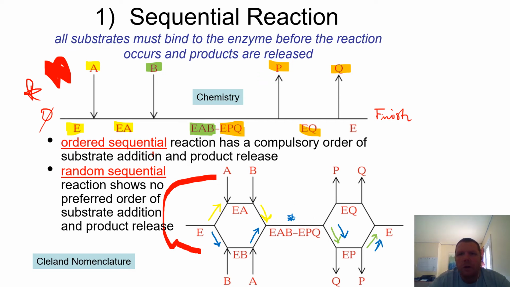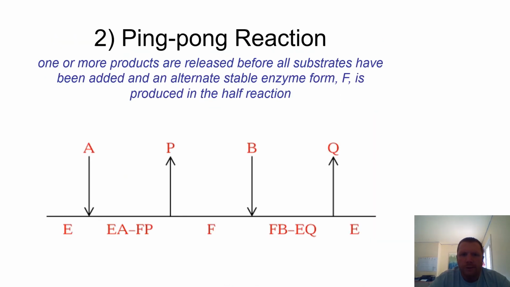Okay, so the alternative to that is the ping-pong reaction, in which one or more products are released before all substrates have been added, and an alternative stable enzyme form F is produced in that half reaction.